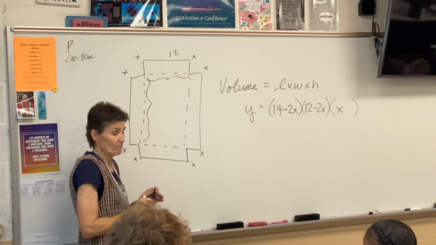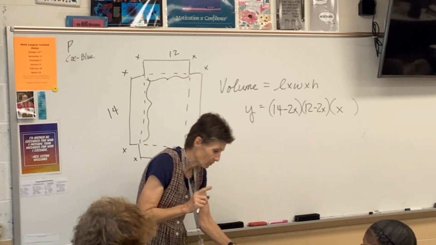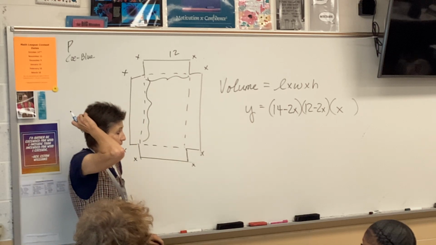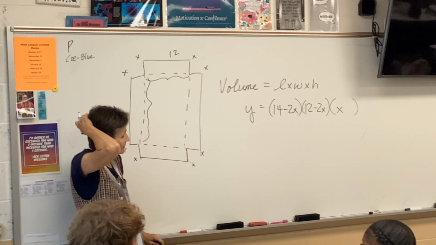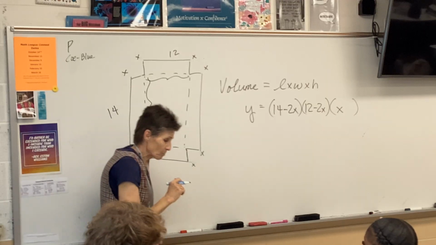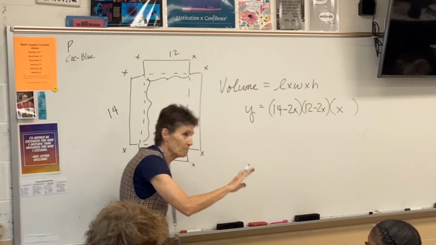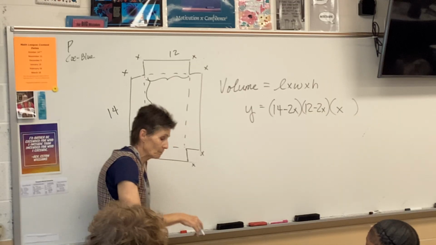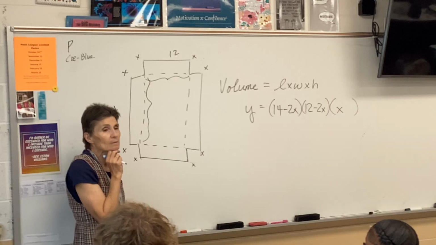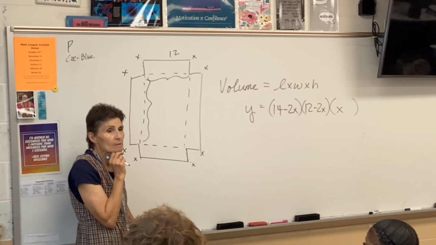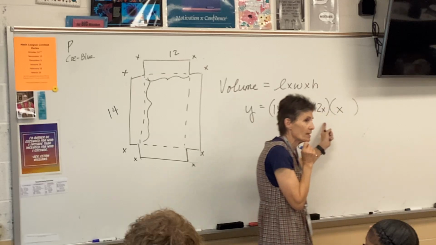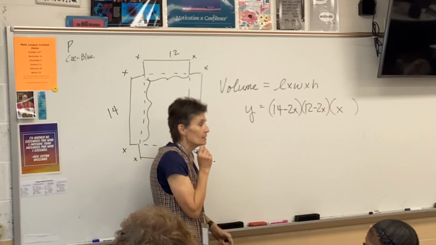Alright, now, before we go any farther, we're gonna talk about one more thing. We're definitely gonna be using our calculators next time. In the next problem, it's a repeat, copy and paste, but now the paper is 20 by 24. What's gonna change in this formula? You switch out your 14 and your 12 for 20 and 24.